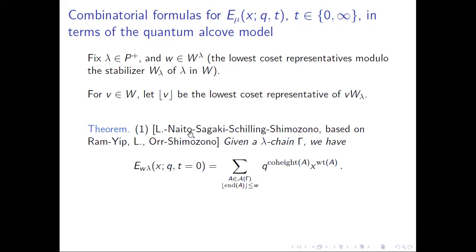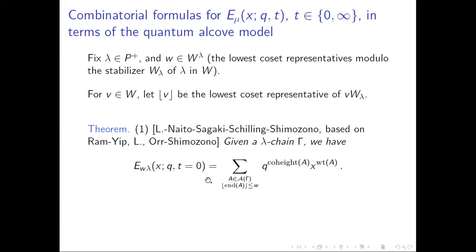So one formula we gave with Naito-Sagaki, Schilling, and Shimazono, based on the Ram-Yip formula for Macdonald polynomials, by specializing it, and Shimazono also gave several such specializations. This says that the non-symmetric Macdonald polynomial indexed by W applied to lambda, so lambda is a dominant weight, and you apply W so it becomes an arbitrary weight.